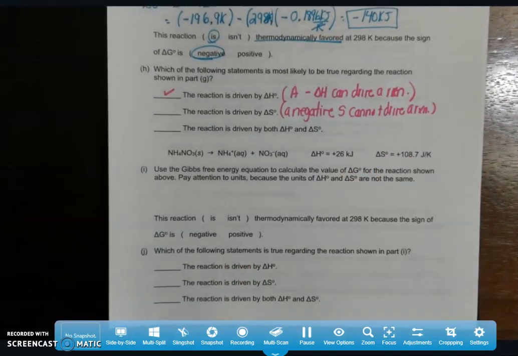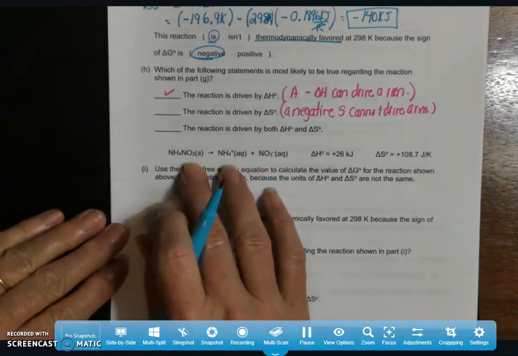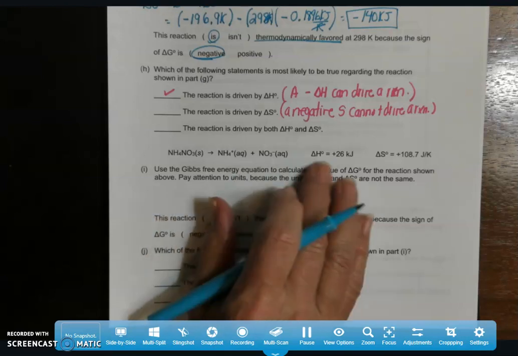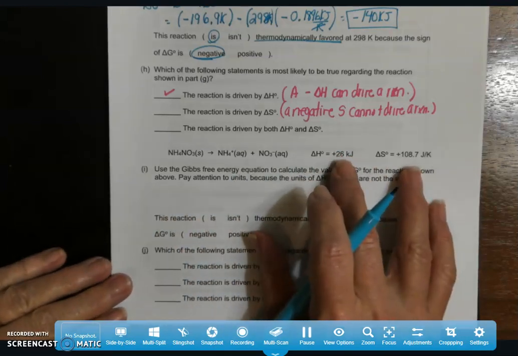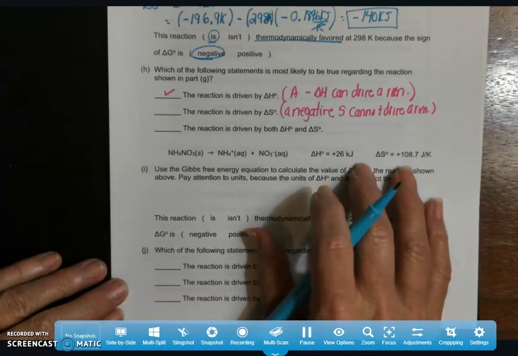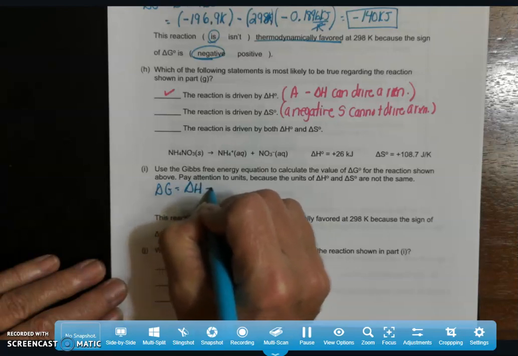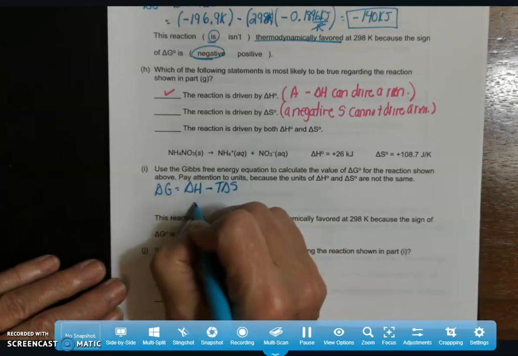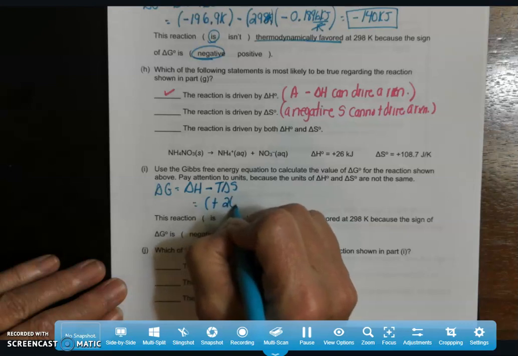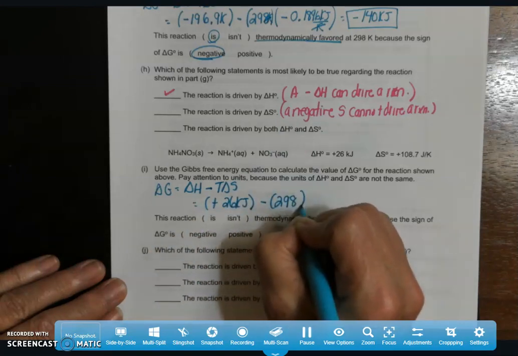Okay. In this case, I've got ammonium nitrate, which is dissolving into its ions, and I've got one positive delta H and one positive entropy. If I plug all this in, I get plus 26 kilojoules minus 298.